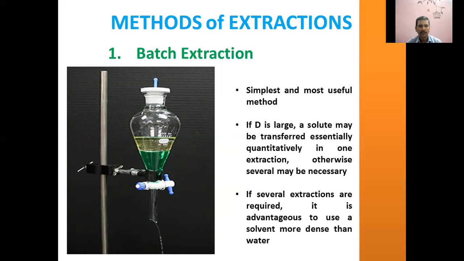You dissolve the mixture in a suitable solvent and transfer the solution of the mixture into the separating funnel. Then you add the required organic solvent into the separating funnel. You shake the separating funnel for a particular interval of time, say 20 seconds, 30 seconds or 60 seconds. Then you keep the separatory funnel for equilibration.